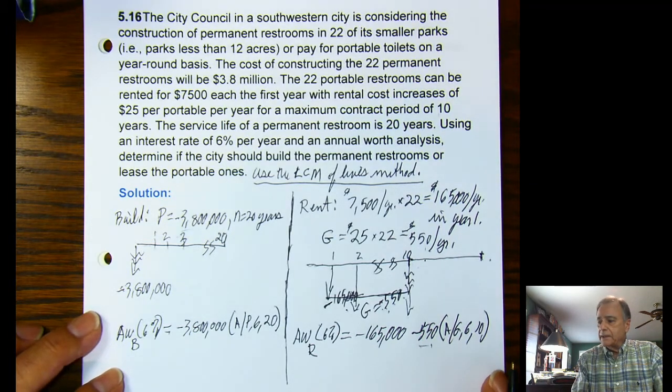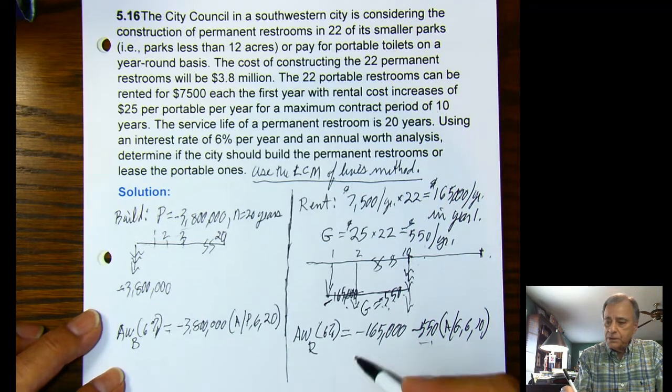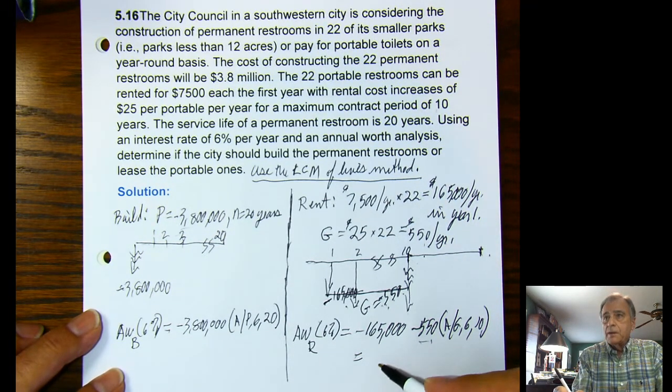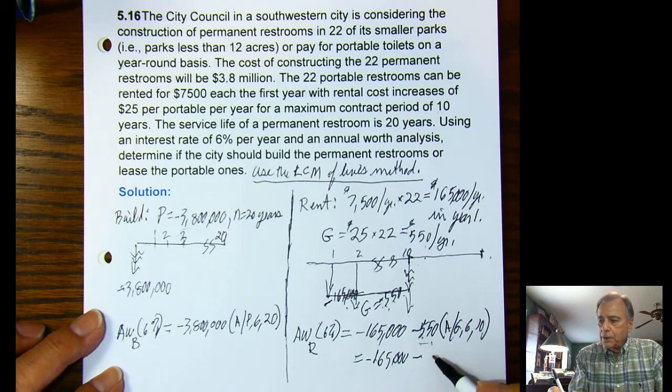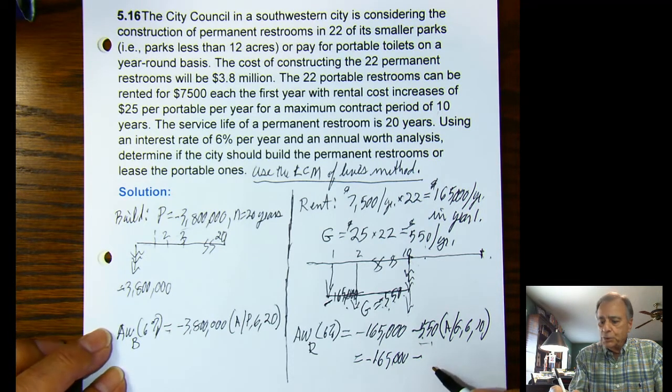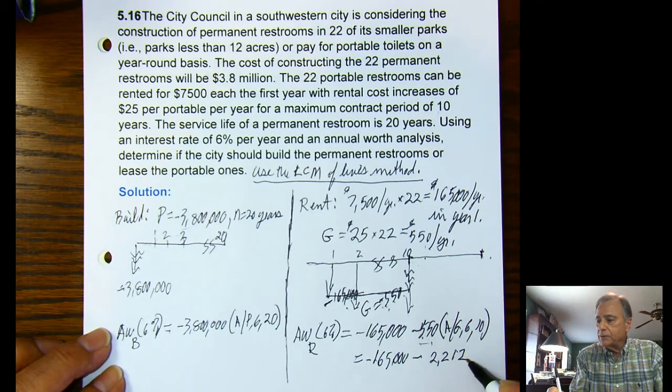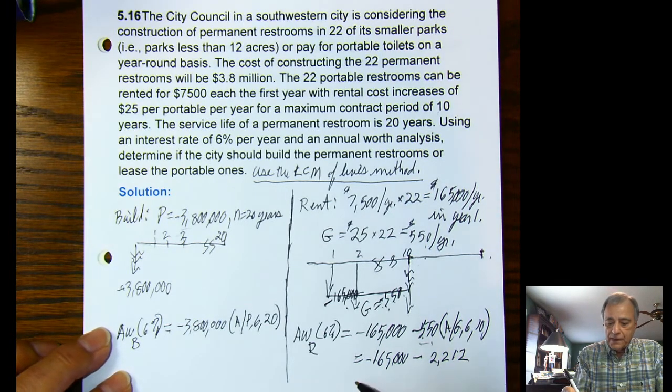And if you calculate this out, this turns out to be minus 165,000, and this is a minus 2,212, and so that will be minus 167,212.